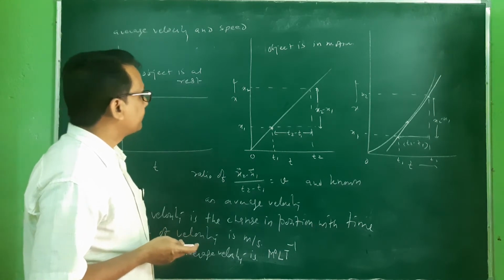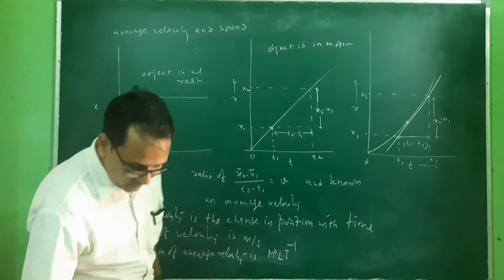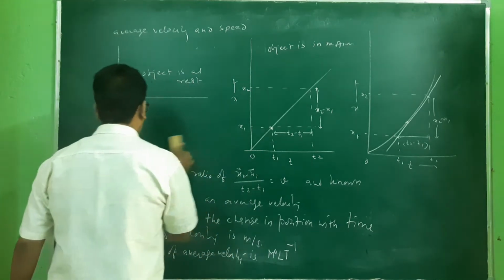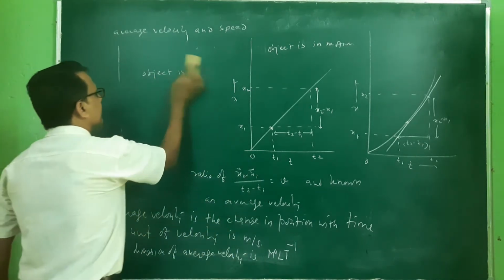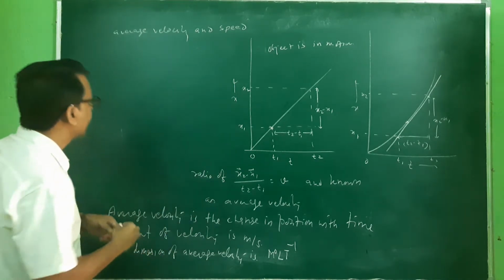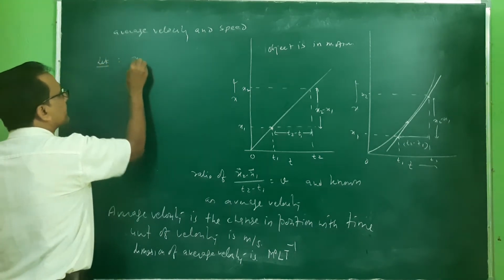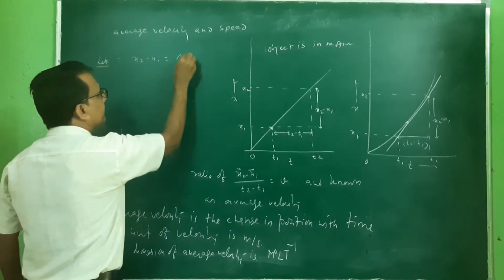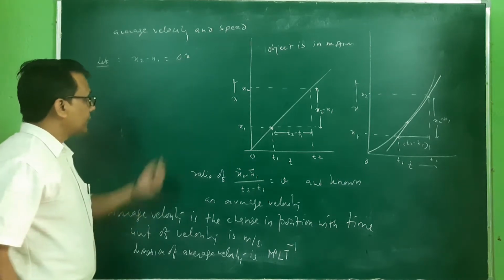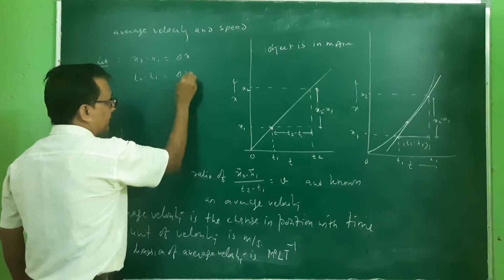Now, x2 minus x1 and t2 minus t1 are given a new representation. Let x2 minus x1 be represented by delta x, a small change, and t2 minus t1 by delta t.